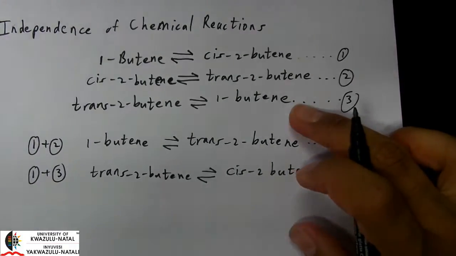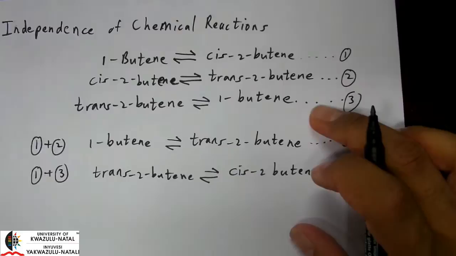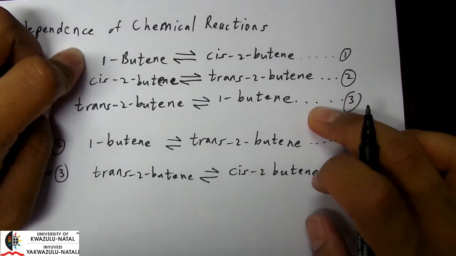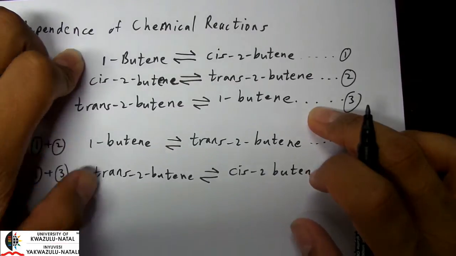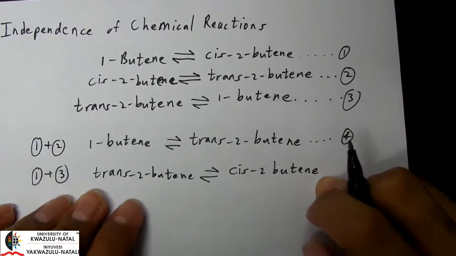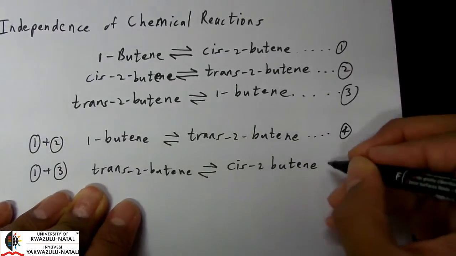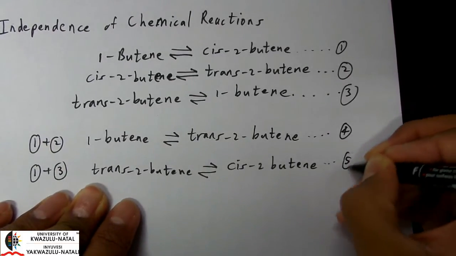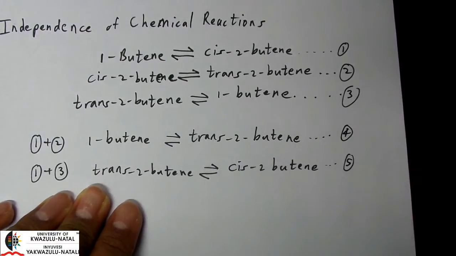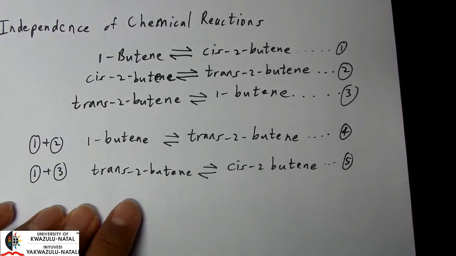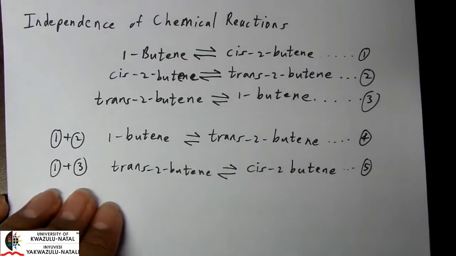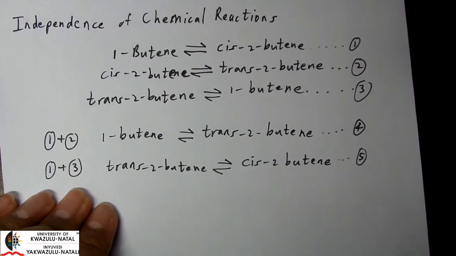Okay, so the 1-butene from reaction 3 and reaction 1, if we add them together, then our 1-butene will disappear and we'll have the following, which of course looks exactly the same as reaction 2. So reaction 5 is essentially reaction 2. Okay, so something is fishy here. This does suggest that not all of our chemical reactions may be necessary.